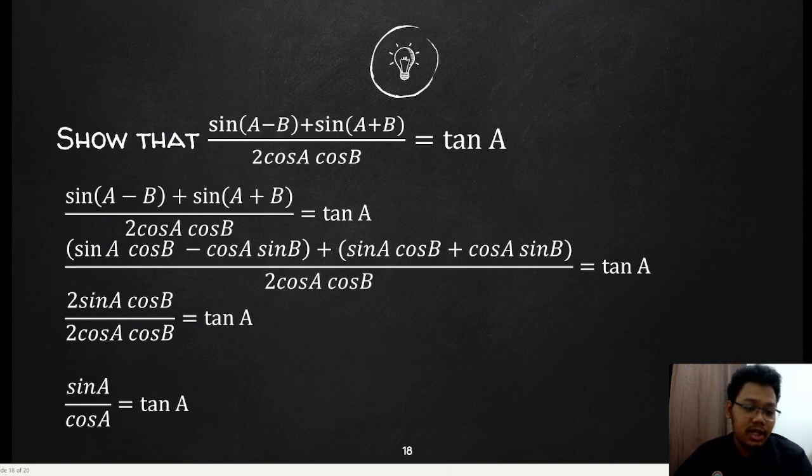Sine(A minus B) is an addition formula, so you expand it into sine A cos B, and since it is sine, it follows the sign, so minus cos A sine B, plus this, and you expand this also: sine A cos B plus cos A sine B, over 2 cos A cos B, equal to tangent A.